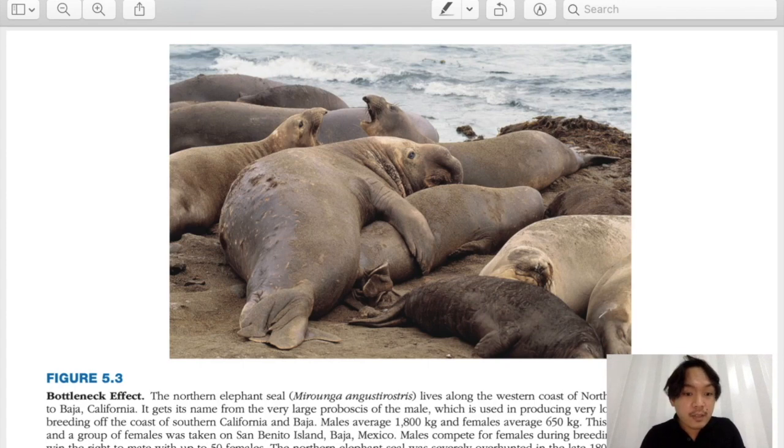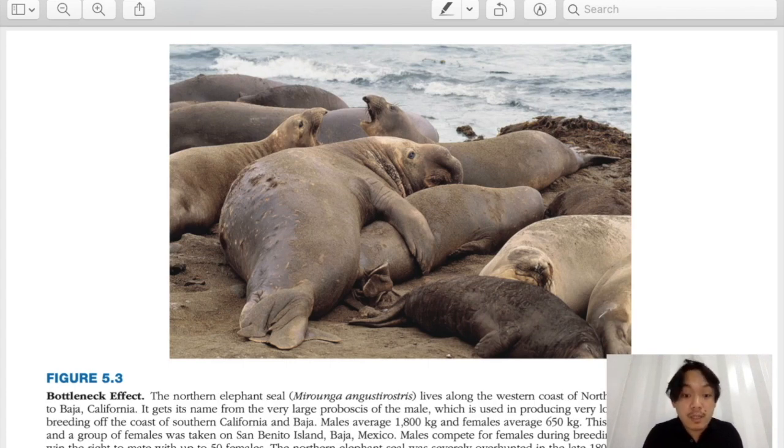The northern elephant seal, Mirounga angustirostris, uses its proboscis in producing very loud vocalizations during the breeding season off the coast of Southern California and Baja. So they are using their voices to mate. Males average 1,800 kilograms and females have an average weight of 650 kilograms. This photograph of a large male and a female was taken in San Benito Island, Mexico.